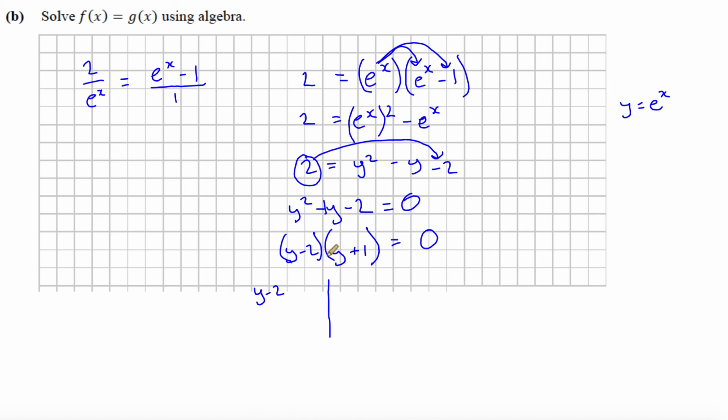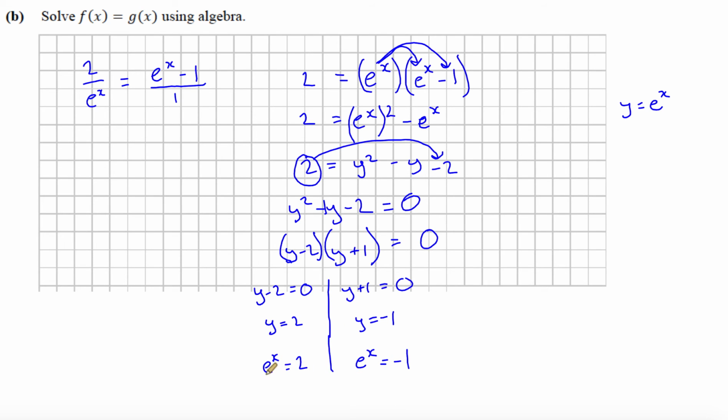When a bracket multiplied by a bracket is 0, well then either the first bracket is 0 or the second bracket, y plus 1, is 0. Well, if y minus 2 is 0, that means that y is 2. And if y plus 1 is 0, that means that y is negative 1. But I defined y, remember I introduced y, so y is really e to the x. So really what we're saying there is that e to the x is equal to 2, or e to the x is equal to negative 1.